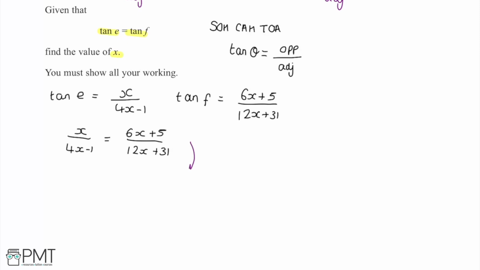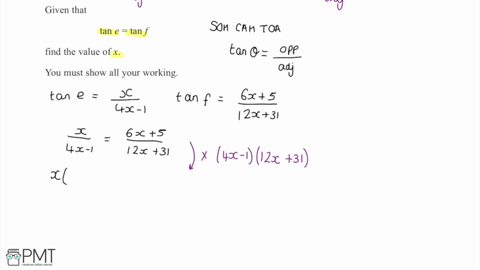So if I just take this and multiply by 4x minus 1, that's going to cancel out the denominator of the left hand side, and multiply it also by 12x plus 31 to cancel out the denominator on the right hand side. So if we multiply the left hand side by this, when we multiply it by 4x minus 1, it basically cancels out the denominator, but then we still need to multiply x by 12x plus 31.